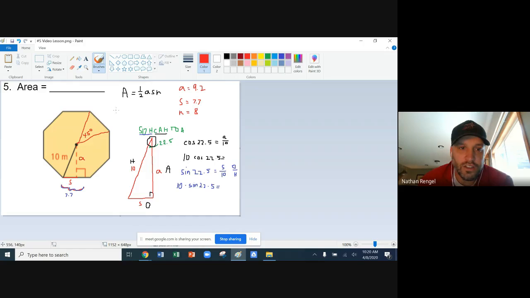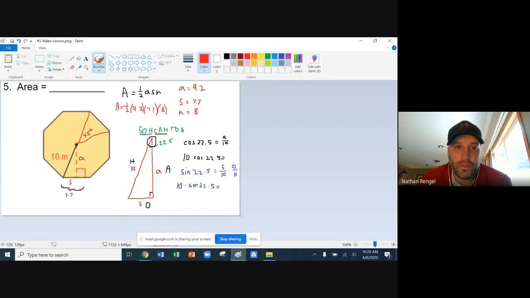Once we have all our values, we can put those in. So area equals 1/2 times my apothem, which is 9.2, times my side length, which is 7.7, times my number of sides, which is 8.